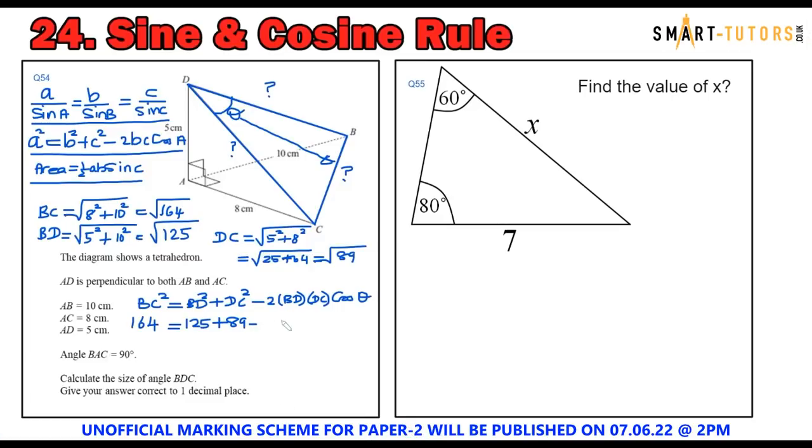So minus 2 times BD times DC. BD is square root of 125 and DC is square root of 89, and this is cos theta, right? So now you rearrange the entire equation, this one will come to the other side.